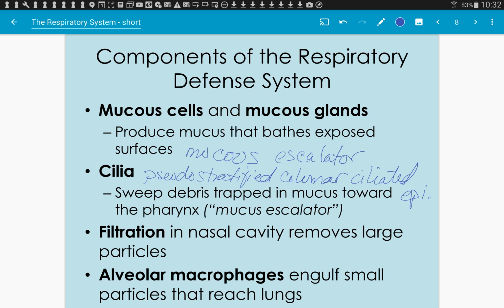Another defense, so this is defense number 3. So number 1 was mucus. Number 2 is the cilia that helps move the mucus. Number 3 is filtration. And this happens in your nasal cavity, which is also totally lined with a mucous membrane, first of all, and that mucus comes from our goblet cells.